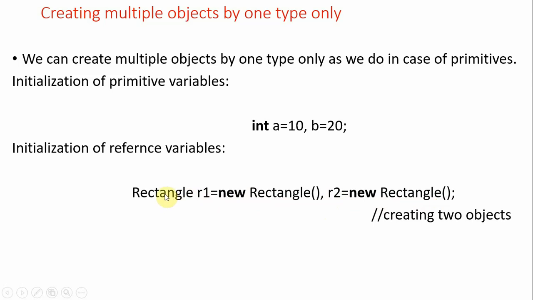That means for the same class Rectangle we are creating more than one reference variable, separated with commas. That means creating multiple objects by one type only, and every time we don't want to use Rectangle again and again. We separate with a comma, and we can specify reference variable names r1, r2 and so on, and allocate memory also.